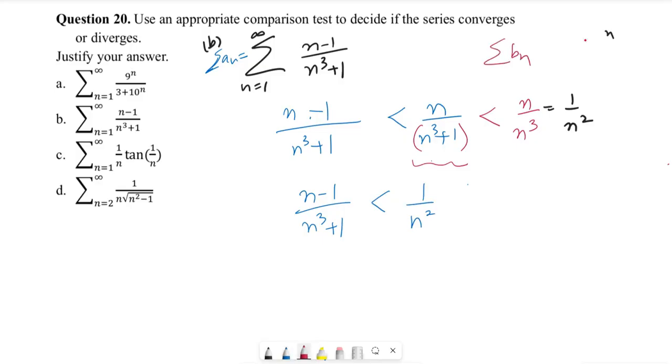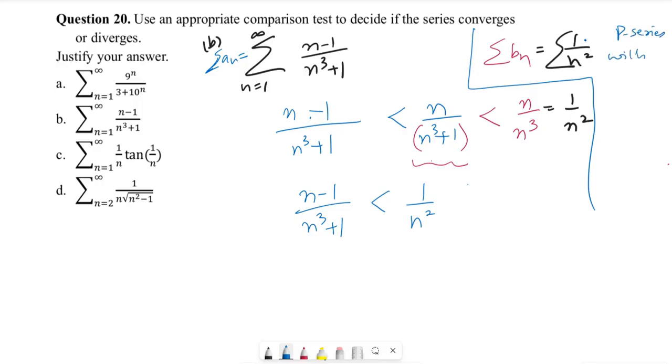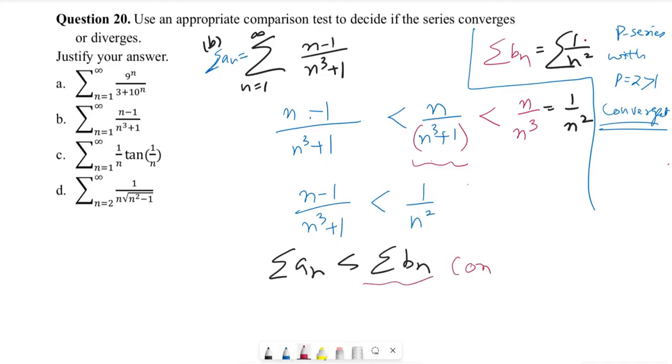Therefore, the second series which we need to think about is 1 over n squared. And that one is a p-series with p equal to 2, which is more than 1. Therefore, this is convergent. One more time, we have sigma an is smaller than sigma bn and the larger series converges.